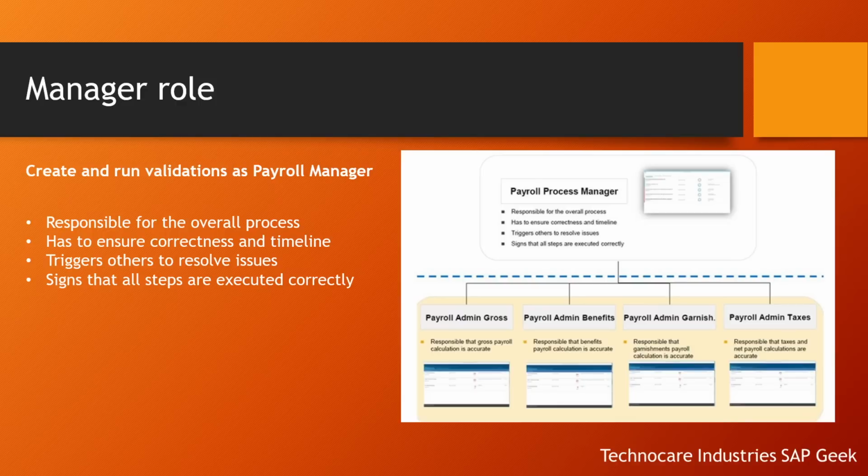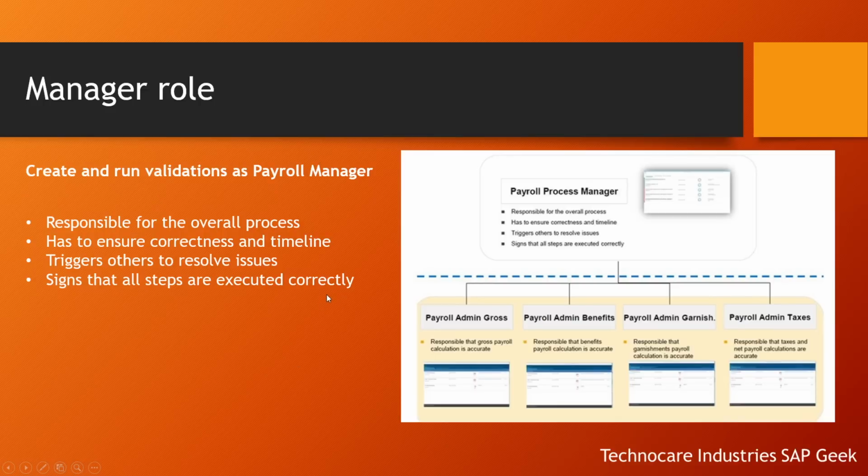He will trigger different issues to administrators and ask them to resolve, and he will sign off on all the steps that are executed correctly. So these are all the responsibilities of a manager in PCC, or in general also. Otherwise also, if you are not using PCC, these are normally considered responsibilities of a payroll manager.